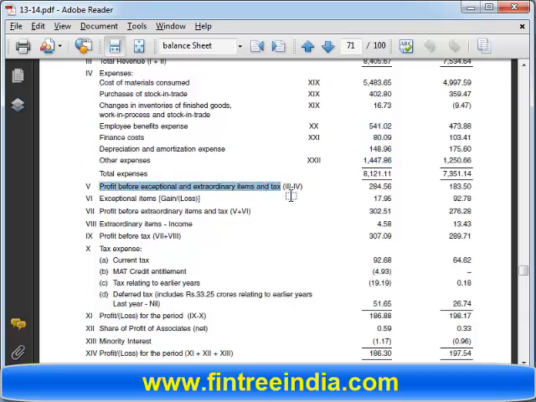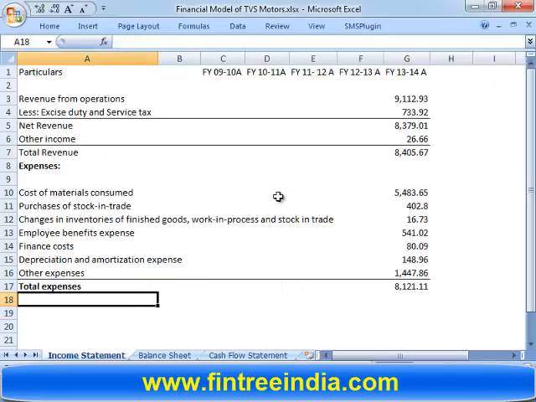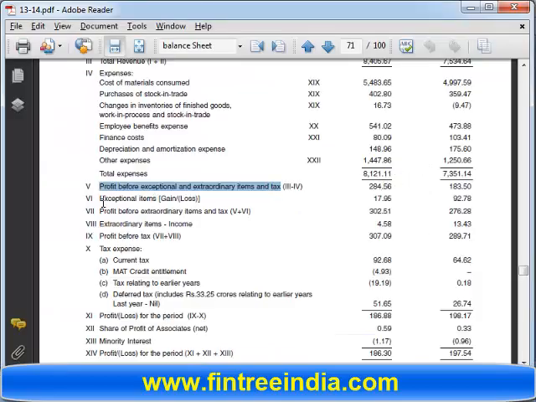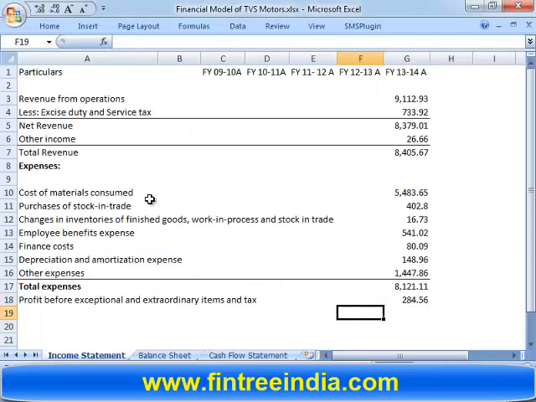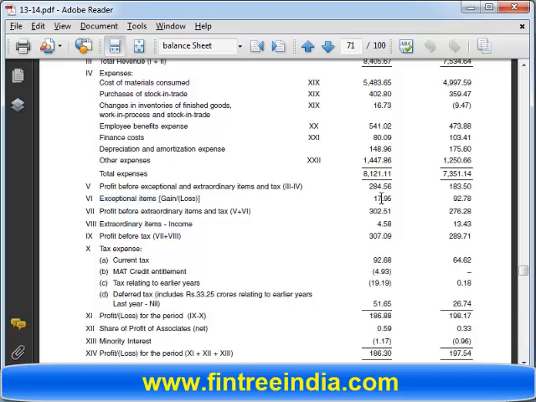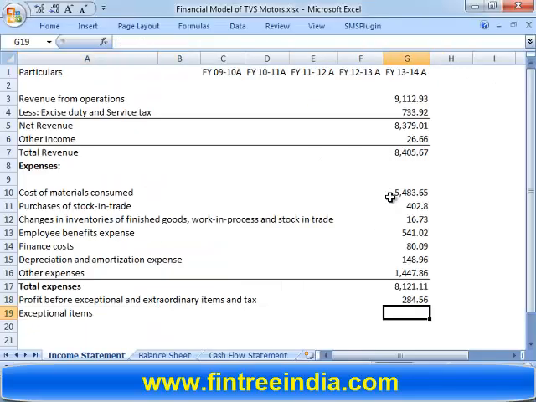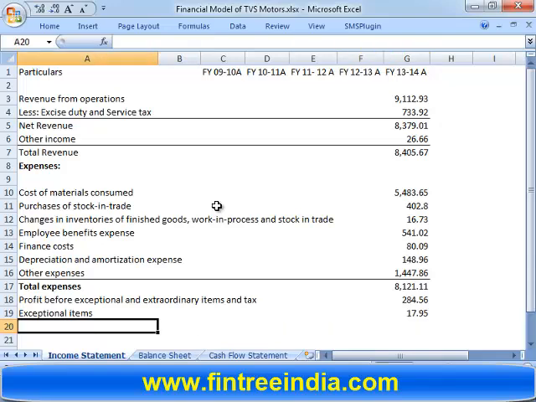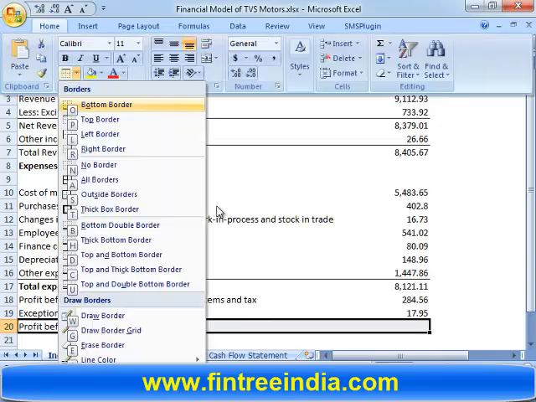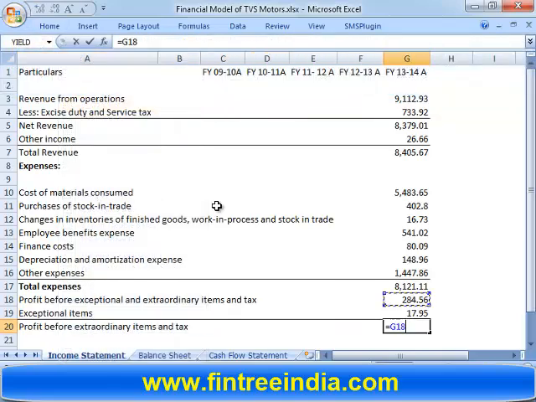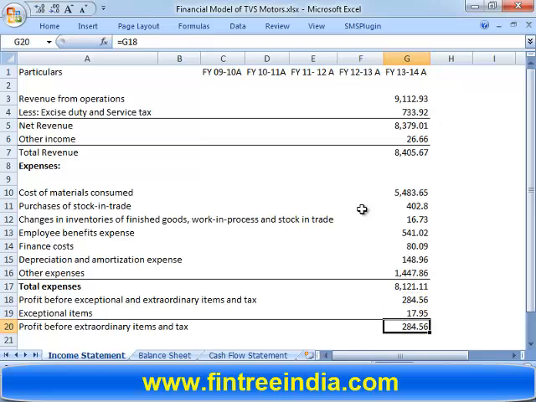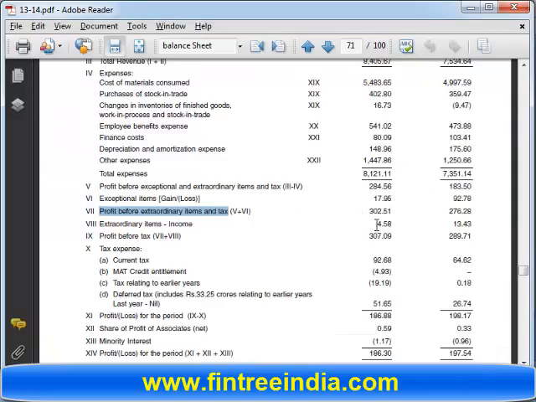Profit before exceptional and extraordinary items and tax is equal to 8405 minus 8121, 284.56. Exceptional items. Profit before extraordinary items and tax, 302.51.